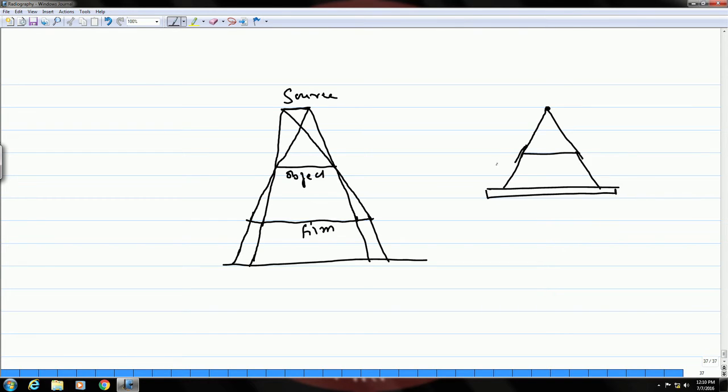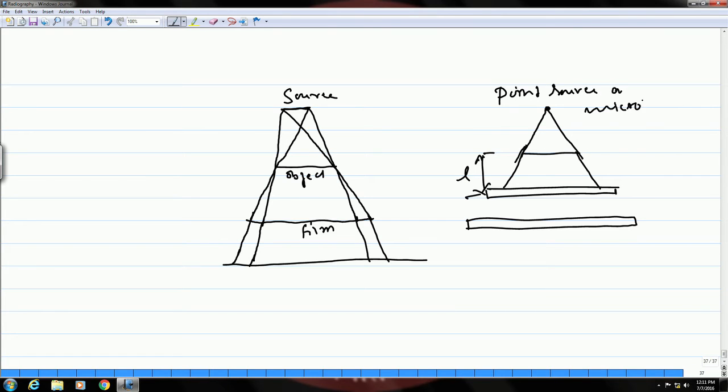So, even if you increase this distance, it will only get magnified without the image quality being compromised. Okay. So, for point source or for micro focus, you have an advantage of magnification.